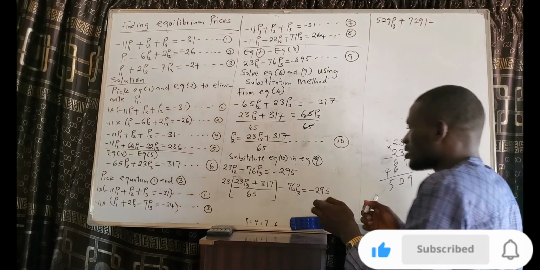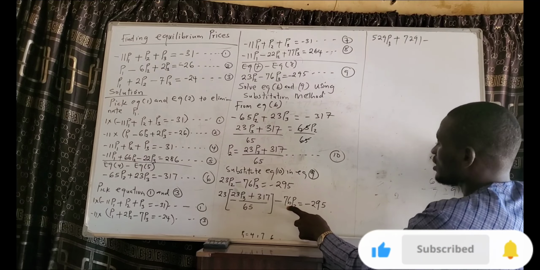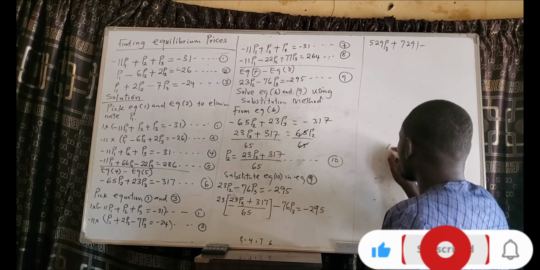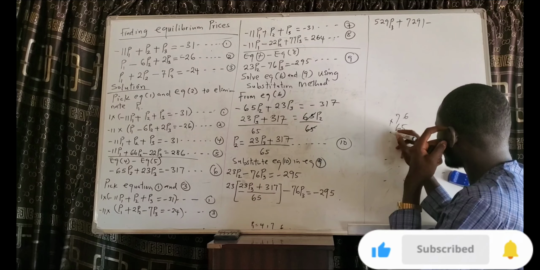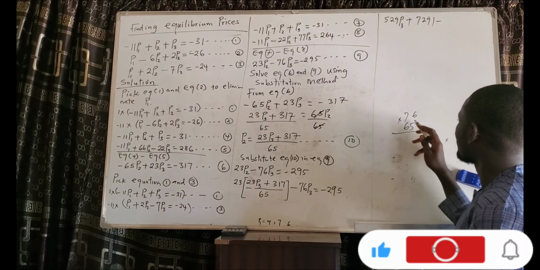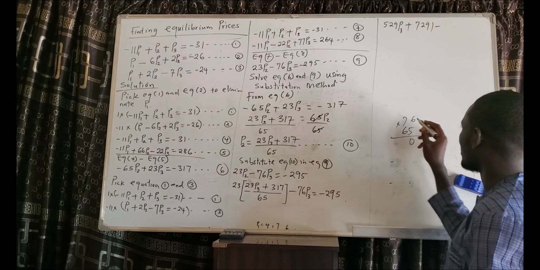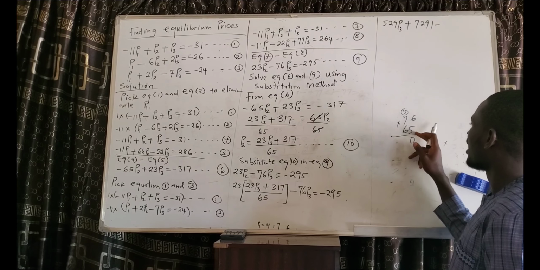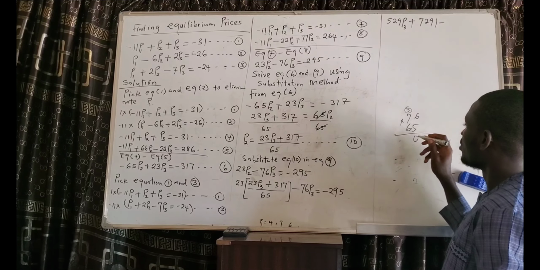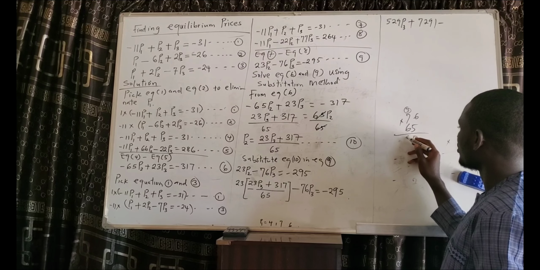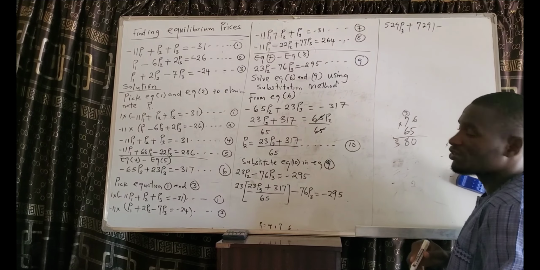Then minus. This will give us 65 times 76. So now 5 times 6, that is 30. You write 0, carry 3. 5 times 7, that is 35. 35 plus 3 gives us 38. 8, 3. 6 times 6 will give us 36.